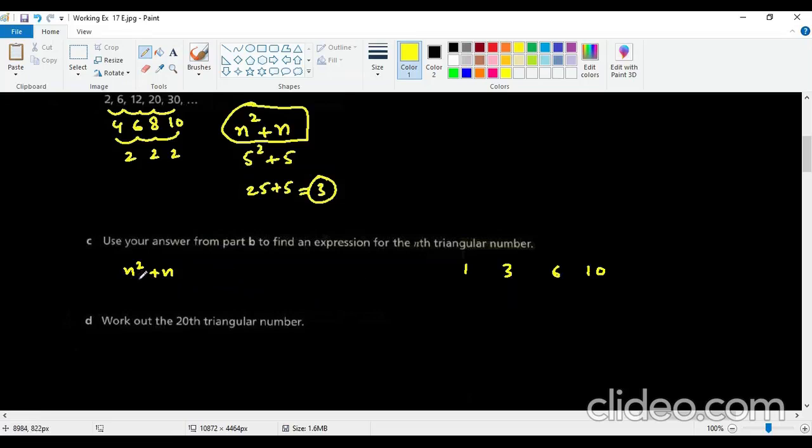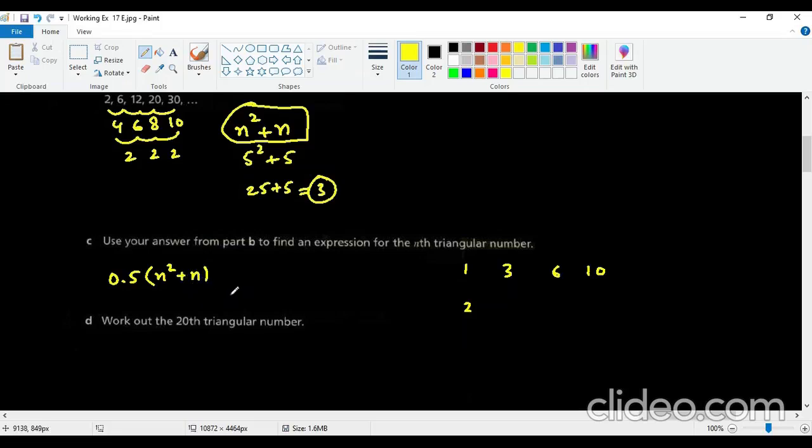For example, n square is a 1. Okay. So 1 plus 1 is a 2. So how to make a 2 is you multiply this by half. That means you multiply the whole thing by 0.5. I am going to write this way: 0.5 times n square plus n.